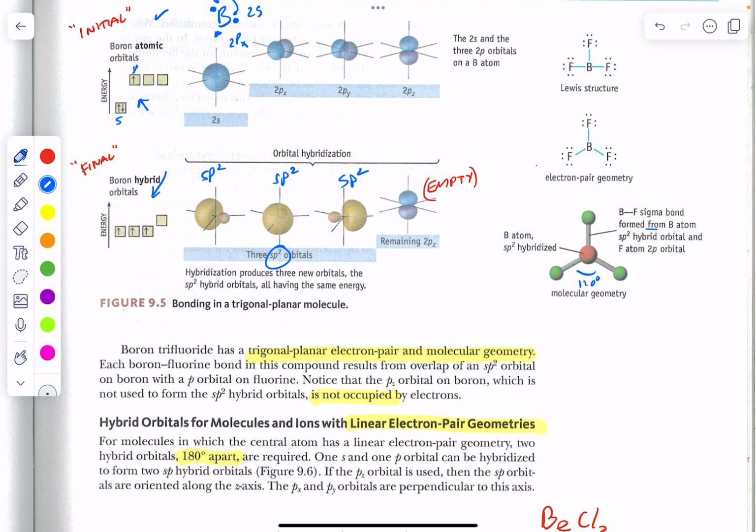We have sp2 hybrid orbital notation. It's trigonal planar because it's flat. When you spread them out as far away from each other as you can, it ends up being a trigonal planar flat molecule. And this is our electron pair geometry, where we don't have any lone pairs around boron.